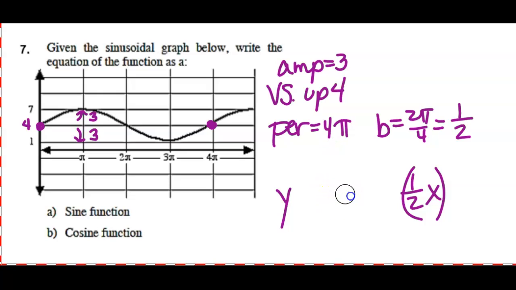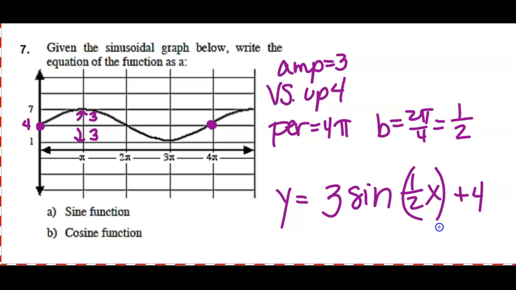What's going on? Easier to write this as a sine or cosine? I would say it's easier to write this one as a sine because it starts at the midline, goes up and then down. So if we call it a sine first, the amplitude is 3, and the midline at the back is plus 4.